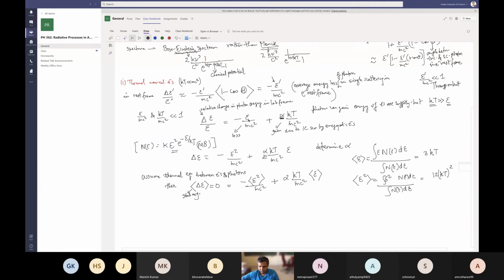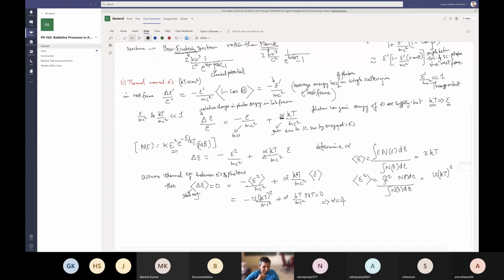So what do we have? We have minus 12 kT squared by mc squared plus alpha kT by mc squared times 3 kT is equal to 0. So this determines alpha for us. This tells us alpha is equal to 4, right?